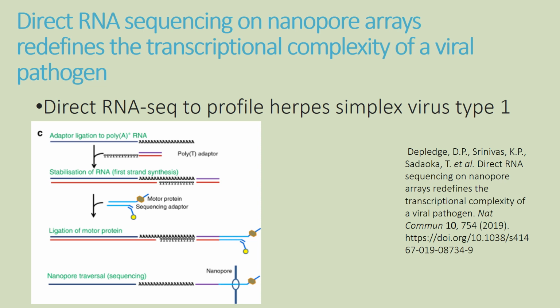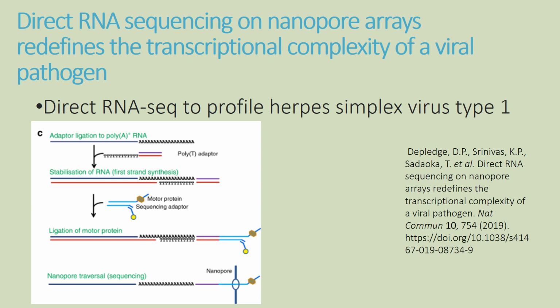In the first step, a poly-T adapter is ligated to poly-A tails and used to prime the first strand synthesis of cDNA to stabilize the RNA strand through the nanopore, and this is seen in the second step. It is important to point out that this is optional and that some people do this in their methods, the use of cDNA to stabilize the RNA.